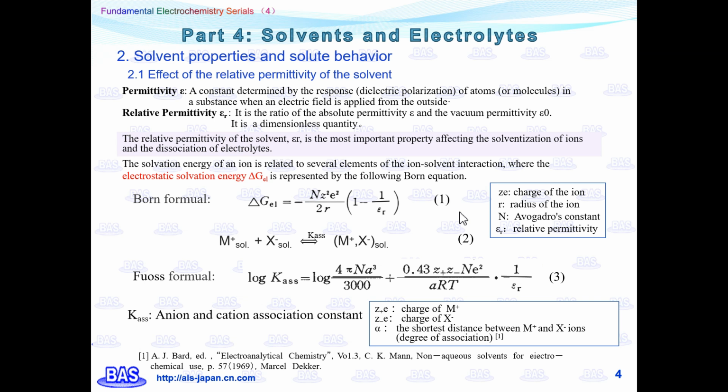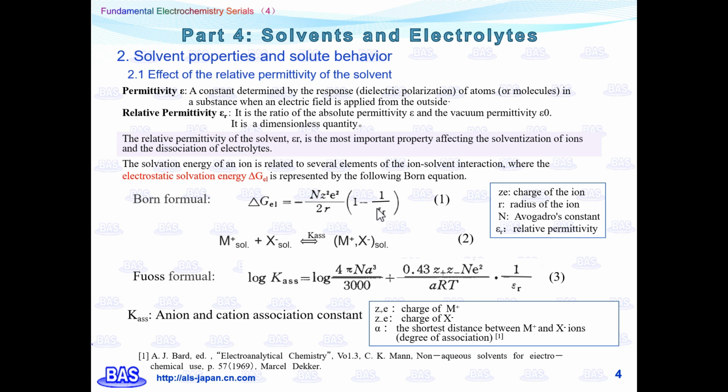The solvation energy of an ion is related to several elements of the ion-solvent interaction, of which the electrostatic solvation energy delta G_el can be expressed by the following Born formula, where Ze is the charge of the ion, r is the radius, N is Avogadro's constant, and epsilon r is the relative permittivity. Assume that r is a constant in this equation. The absolute value of delta G_el decreases as epsilon r decreases.